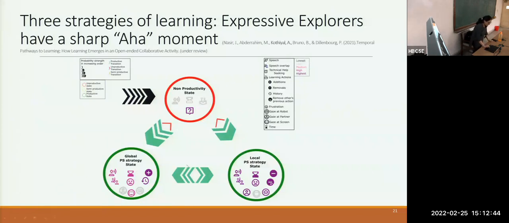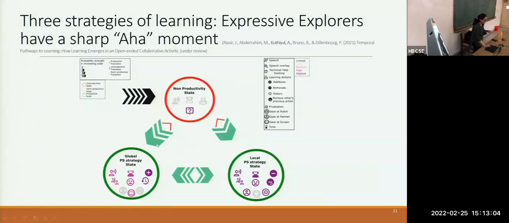So this together gives us a model of the learning process of the expressive explorers. How does this give us a model? The transitions between the different states are given by probabilities.